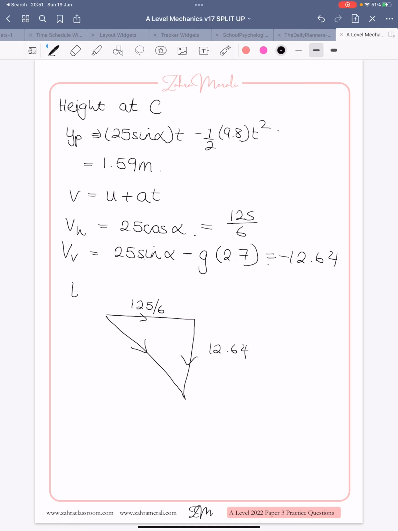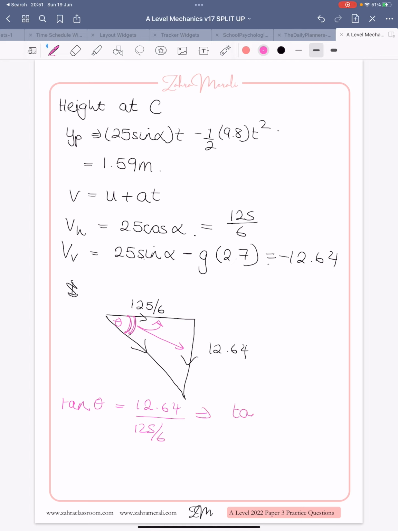Okay, so the angle I'm looking for is this angle here. I want my direction of motion, so I compare it to the horizontal. I've got my opposite and I've got my adjacent. So tan theta is going to be 12.64 over 125 over 6.